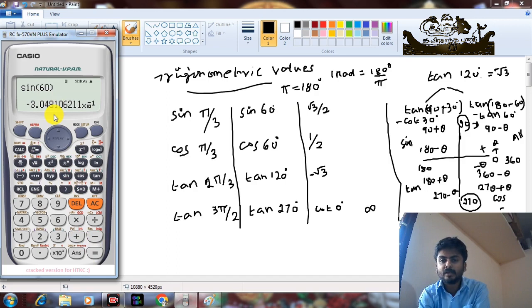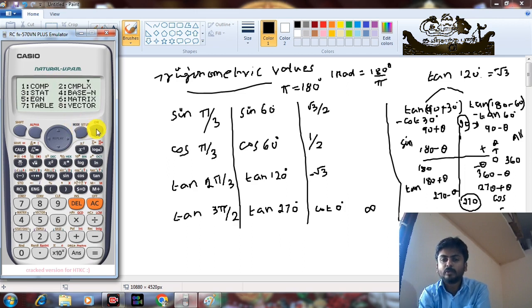Here if I put degree, because we have to check everything, sin 60, then also it is wrong because it will treat the angle whatever you have written inside it as radian. But actually the value is root 3 by 2.